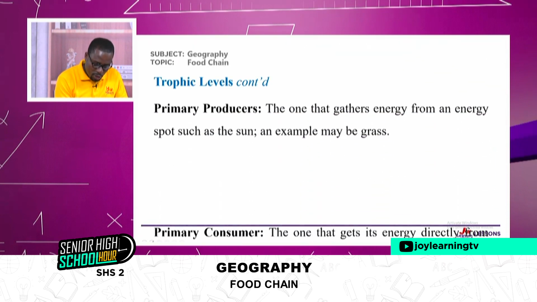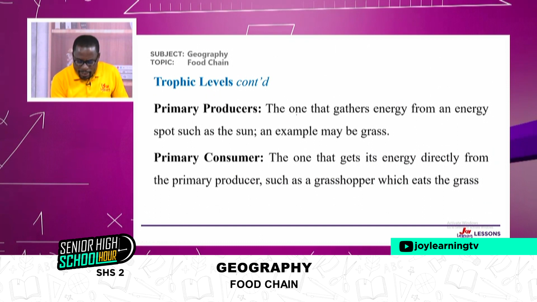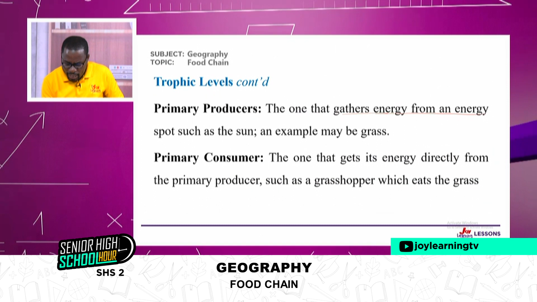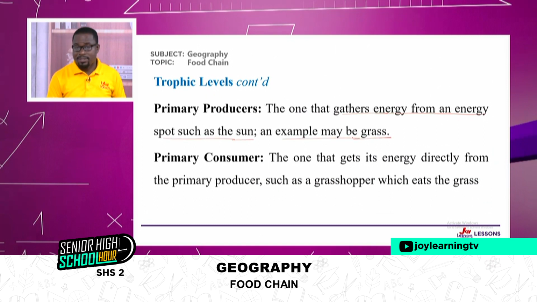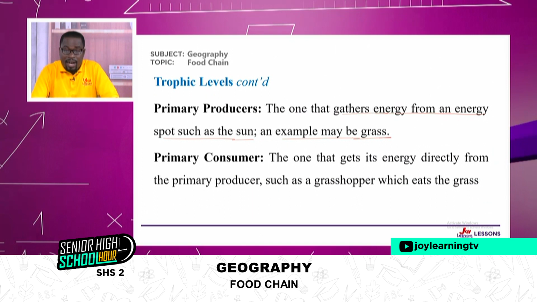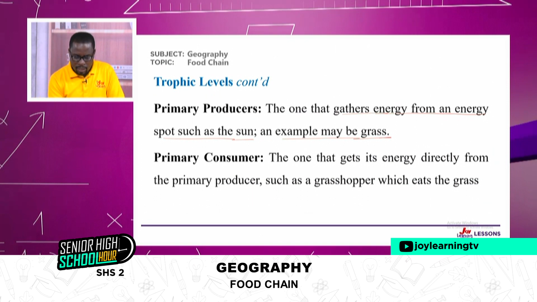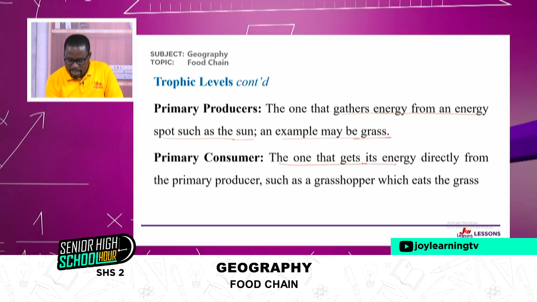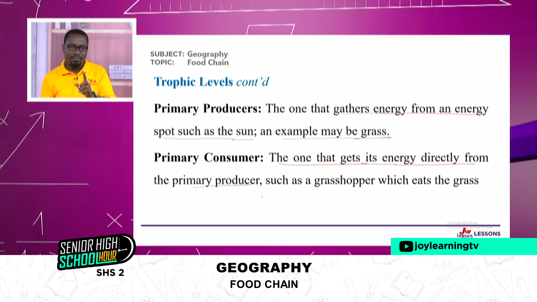So, still on the trophic level, primary producers gather energy from an energy source, such as the sun. An example of a primary producer is grass. Okay? How about primary consumer? It is the one that gets its energy directly from the primary producer. For this one, it doesn't go to the sun.